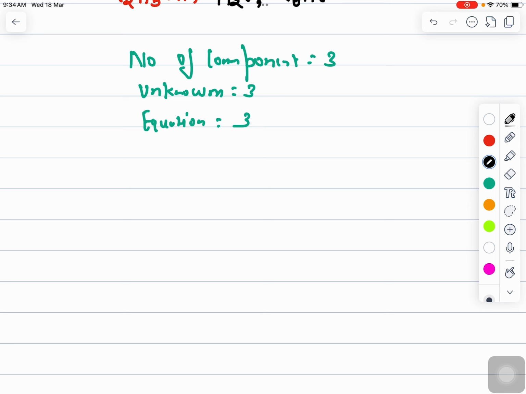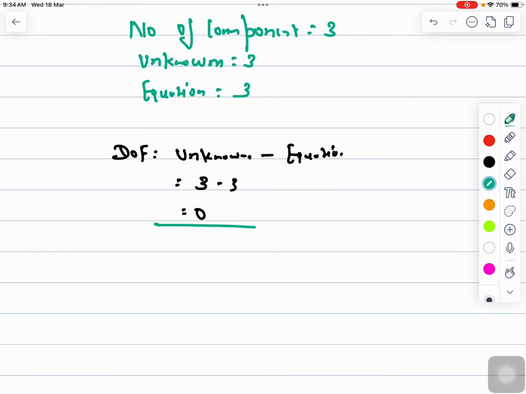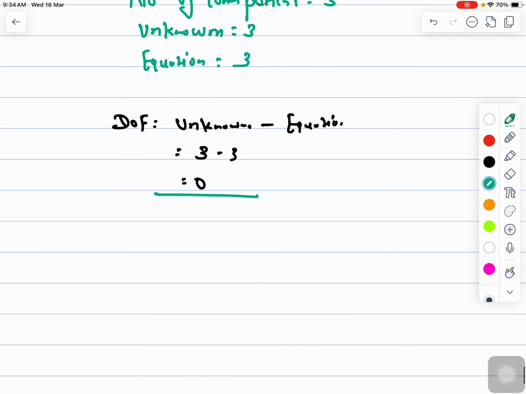So what do you think the degree of freedom is? Degree of freedom equals number of unknowns minus equations, which is 3 minus 3, equal to 0. So you have 0 degree of freedom. That means this problem is solvable, right? You can solve this particular problem easily with the data given over here. Is it clear?